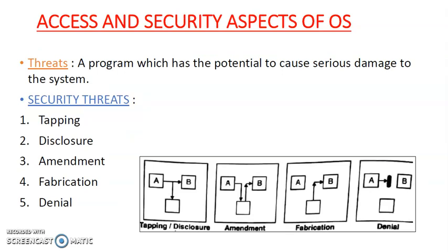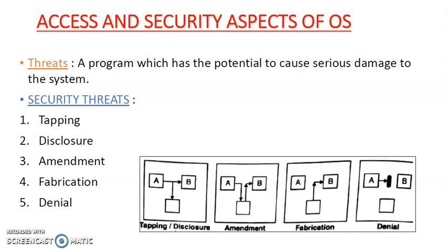Then the next topic is the access and security aspects of the operating system. The OS defines some elements of security. Okay. The first element of security is confidentiality. It means the information is not accessed by an unauthorized user.